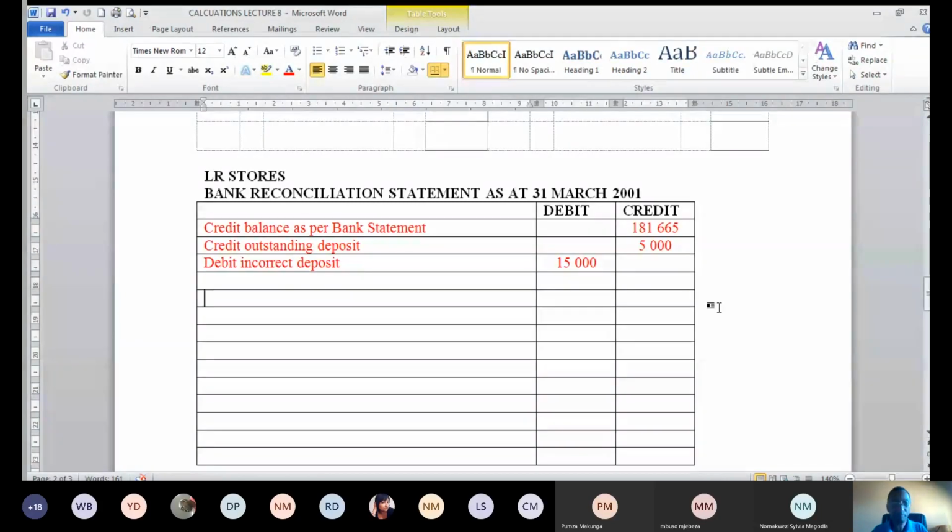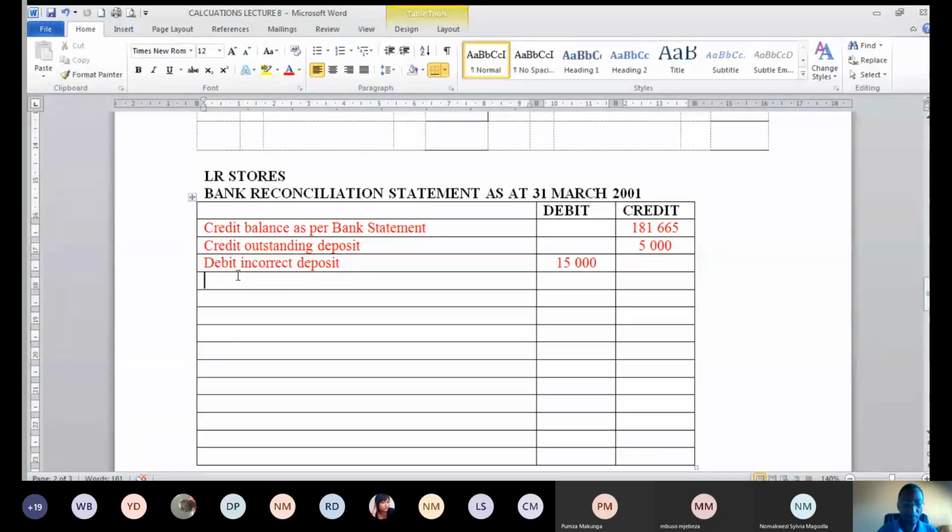Right. Items that appear in the cash payments journal that are not yet recorded onto our bank statement, we will record now into our bank reconciliation statement.